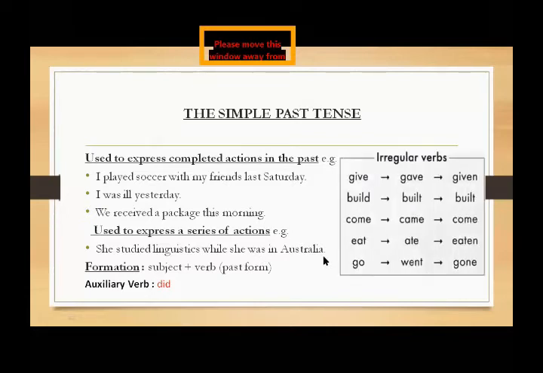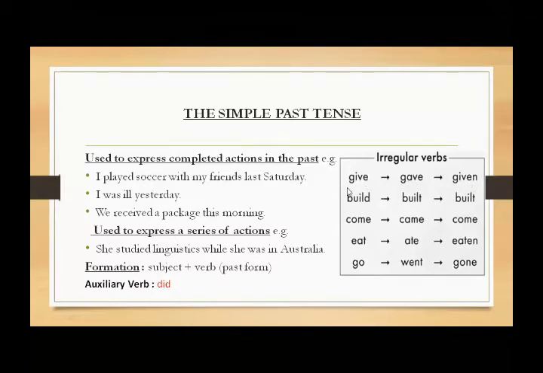Okay, actually students, there are two types of verbs. One is regular verbs and the other is irregular verbs. Regular verbs are those where, when we change into the second or third form, we just use d or ed. But when the verbs are irregular, we change the complete word.